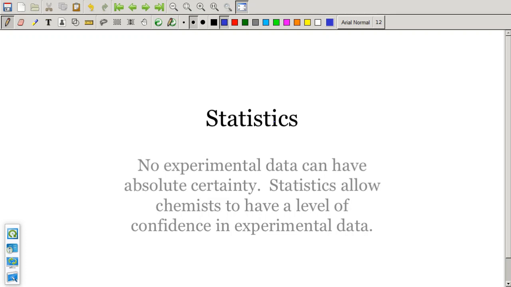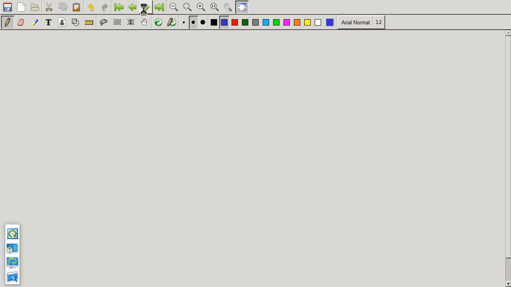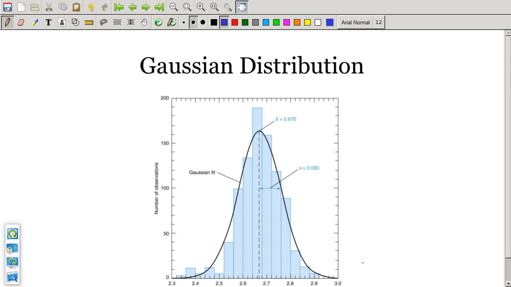All right, so what we want to do is lay some basic groundwork for statistics. And this is all stuff you did on Monday. Now you're going to understand a little bit more about it. First of all, if I collect a large set of data, the combination of systematic and random errors is very likely going to give me what's known as a Gaussian distribution.